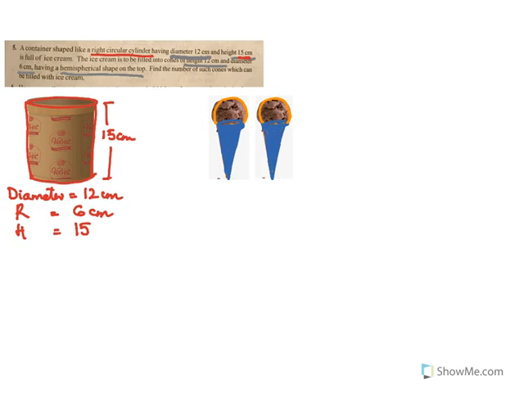This cone will have its height, which we will find out, and its radius. And then we have another shape, the hemisphere, which will have its radius too.